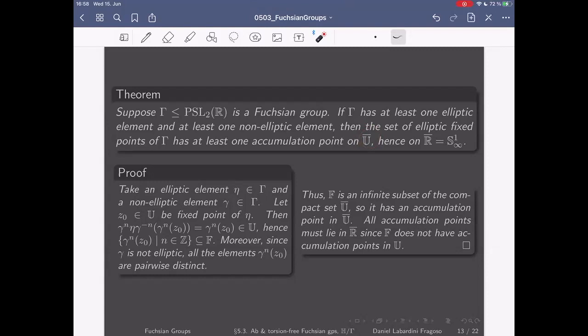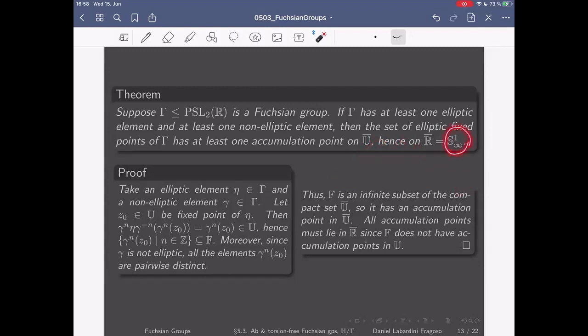The accumulation point we know does not lie within U because the set of elliptic fixed points is discrete in U, but it could have an accumulation point which lies on the boundary of U, and the boundary is R bar, so it's R plus the point at infinity.